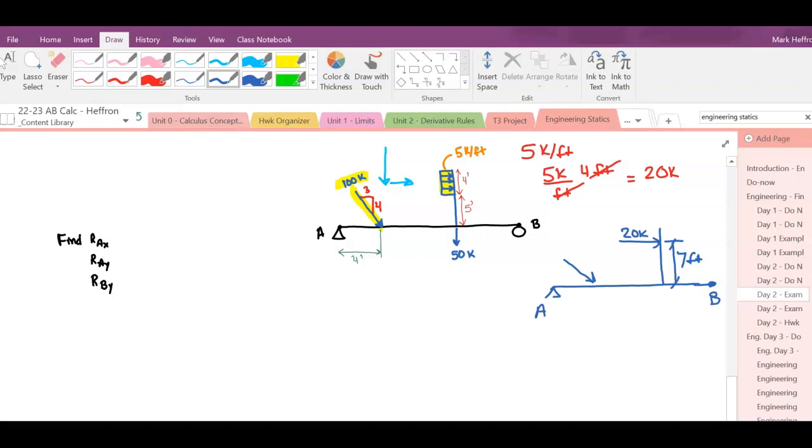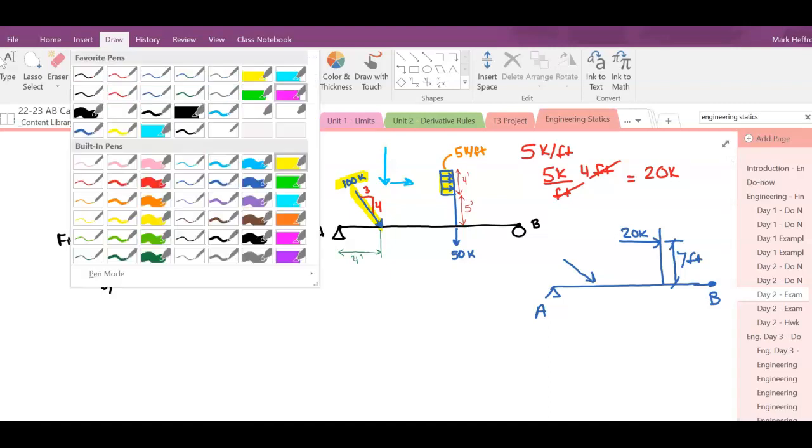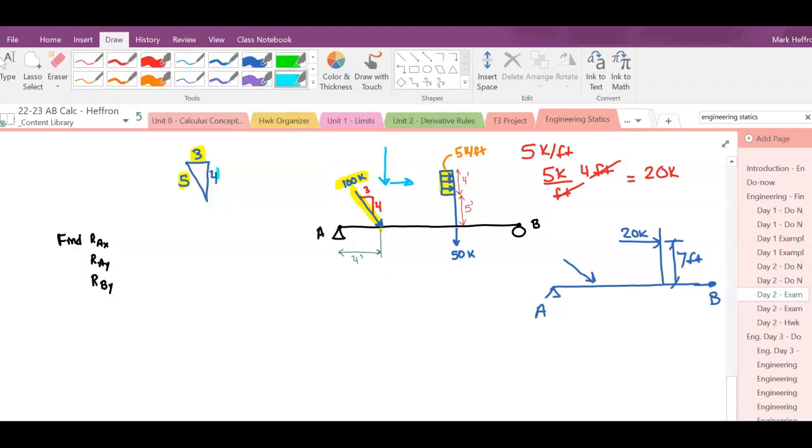So the next thing we're going to do is resolve this 100 into its components, horizontal and vertical. So you can see that this 100 is part of a 3, 4, 5 triangle. And so that means the cosine portion is 3 over 5, and the sine portion, or the vertical portion, is 4 over 5.